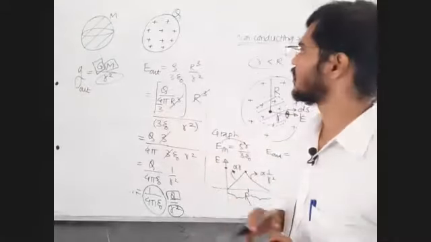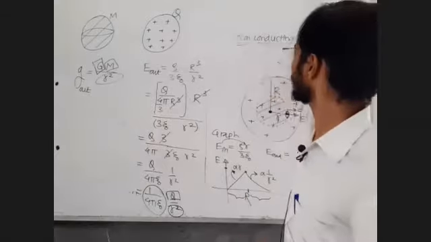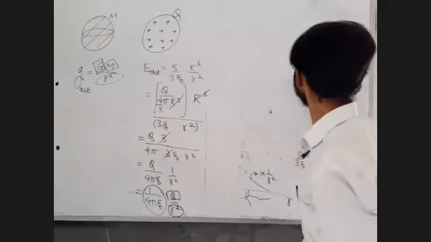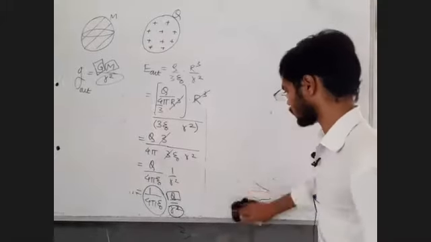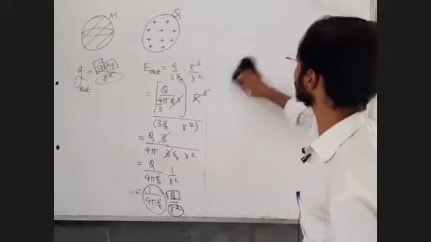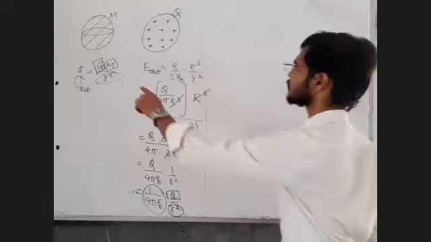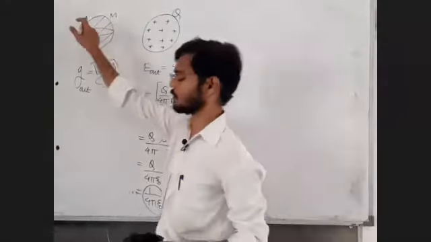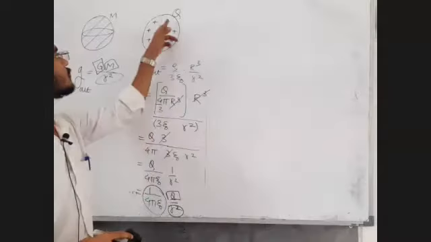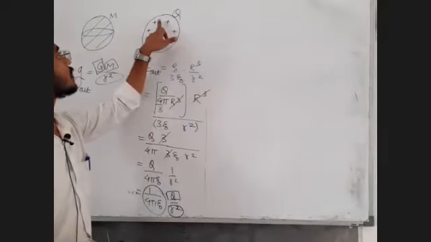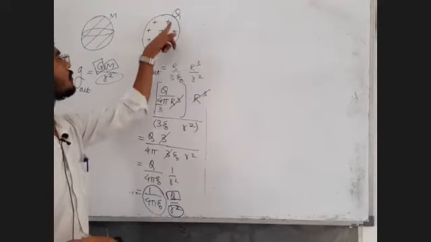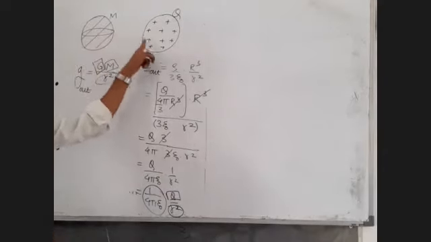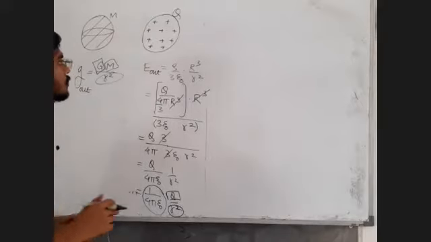Fine. Now let's write the inside analogy. Outside analogy over. Inside analogy. If we know the acceleration due to gravity because of this solid object, here also we should have a non-conducting sphere. Only then can we have a volume distribution. Here also mass is distributed throughout the volume, so charge should also be distributed throughout the volume.